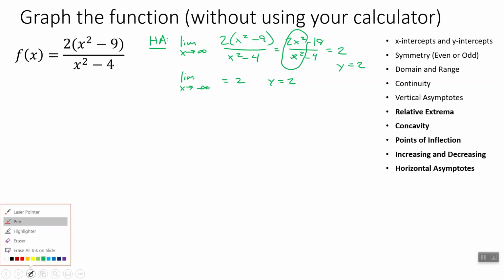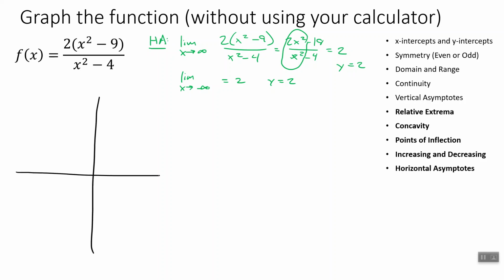Now we want to try and put this all together in one graph. So let's see. Negative 2 is a vertical asymptote, and positive 2 is a vertical asymptote. The way we draw vertical asymptotes is just dotted lines straight up and down.